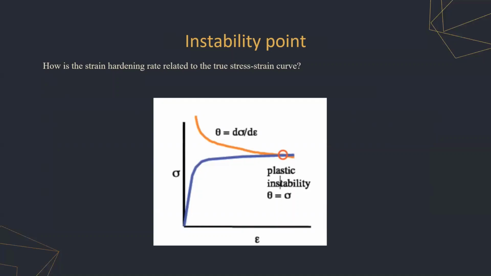This criterion explains the plastic instability at the necking point: the material strengthens gradually as we plastically deform it, but at the necking point, the stress increases significantly, of course, due to the cross-sectional area decreasing at this specific point. The stress becomes greater than the hardening rate, which is how much the material strengthens. And this balance between the strengthening of the material and the higher stress applied to the material creates the necking.